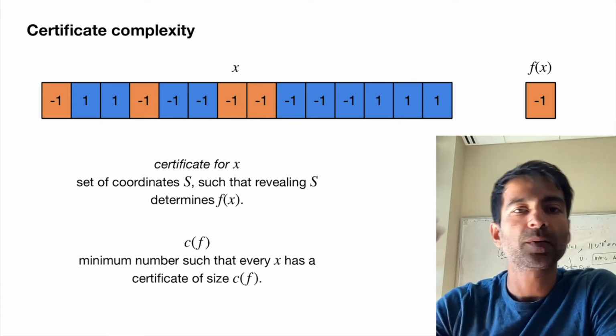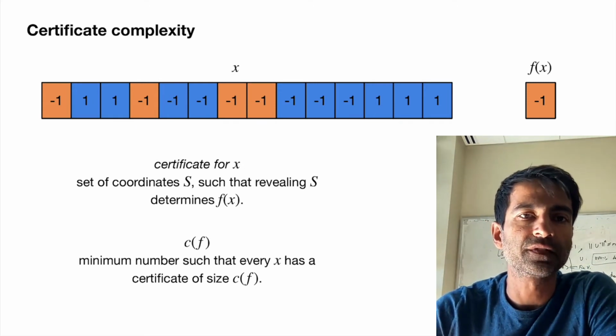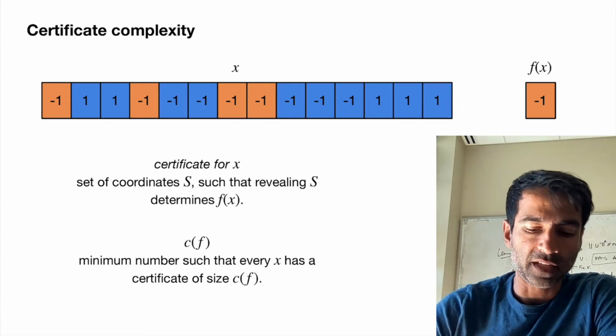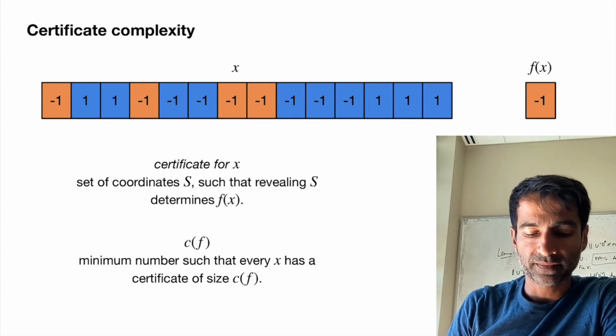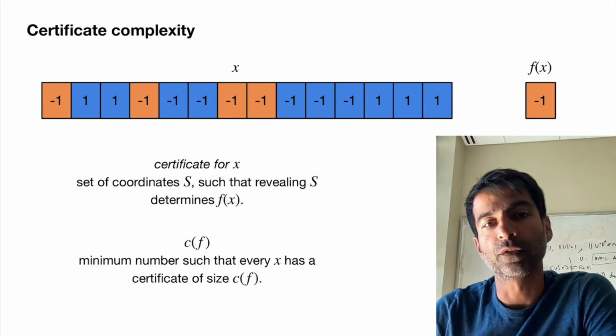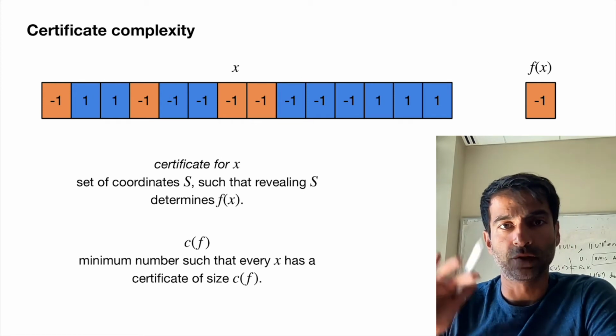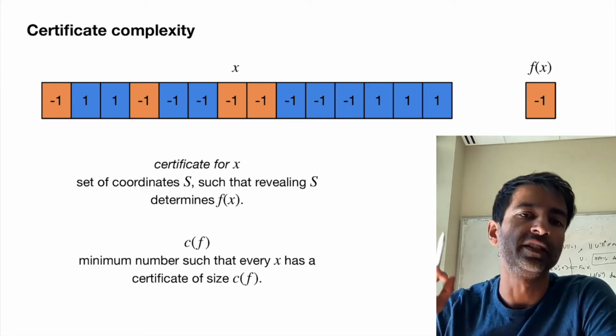The next measure I want to talk about is the certificate complexity. It's another very natural measure of the complexity. Now, given an input to the function, like this one, a certificate for this input is a set of coordinates such that once you fix those coordinates, you determine the value of the function.